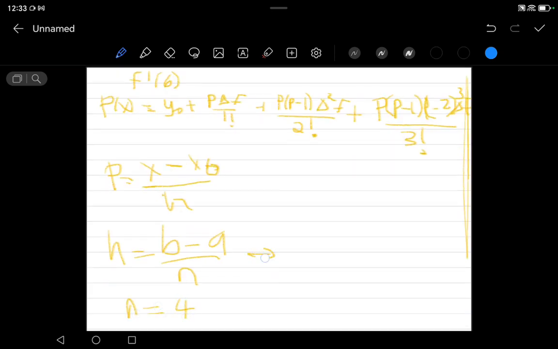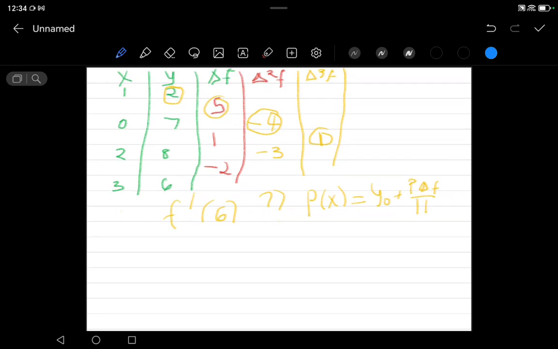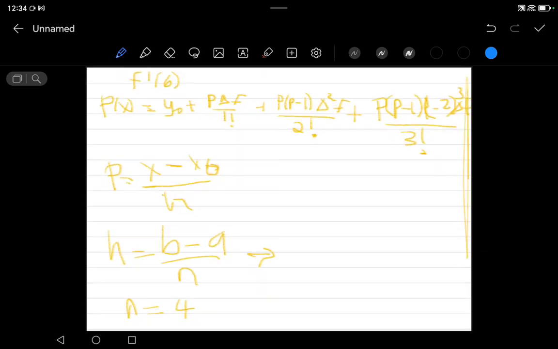Now let's calculate h. b is the last value of x, and a is the first value of x. So it's 3 minus 1 over n, and our n is 4 minus 1.